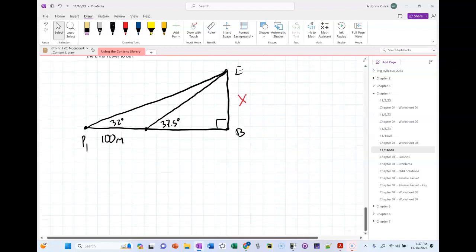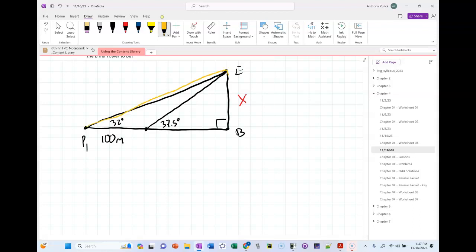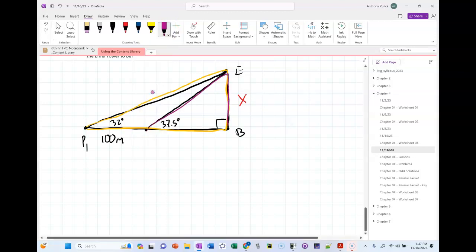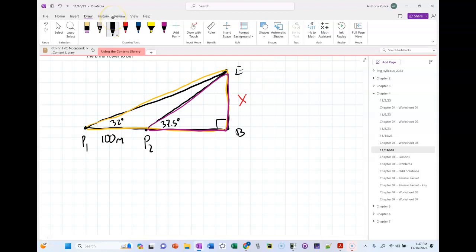So when I look at this, what I see is two right triangles. I see this right triangle here, and I see this right triangle here. I'll call that, I forgot, call that P2. Everybody okay with that? Why am I not worried about the other triangle, P1, P2, E?